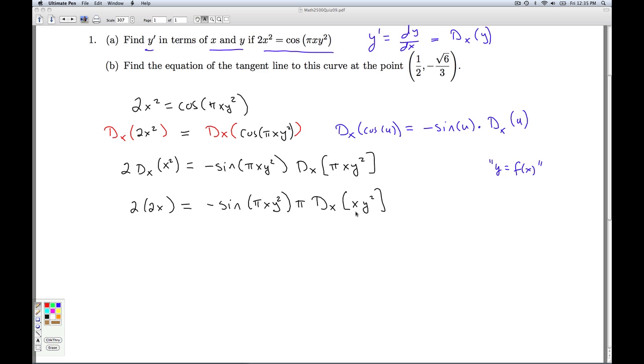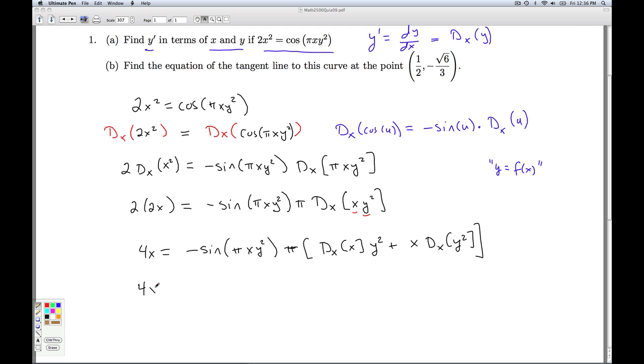Since they're multiplied together, that's going to be the product rule. So I have 4x equals negative sine of pi xy squared times pi. Now I'm going to apply the product rule. The product rule says you take the derivative of the first factor times the second plus the first times the derivative of the second.